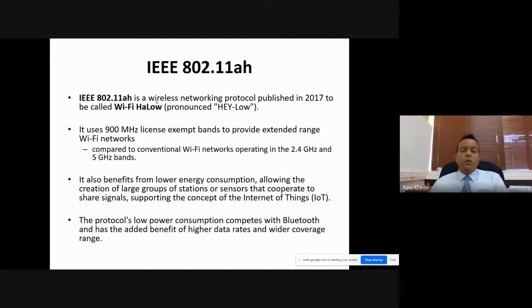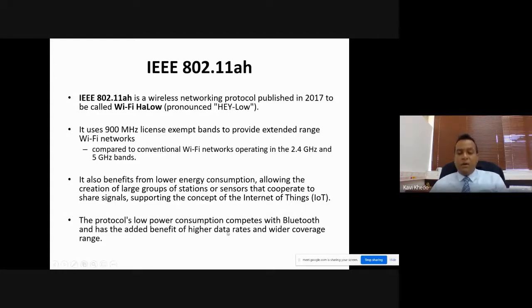The protocol's low power consumption competes with Bluetooth. Normally, Wi-Fi consumes lots more energy than Bluetooth, but here we have a new Wi-Fi that is competing with Bluetooth in terms of energy consumption, with the added benefit of higher data rates.